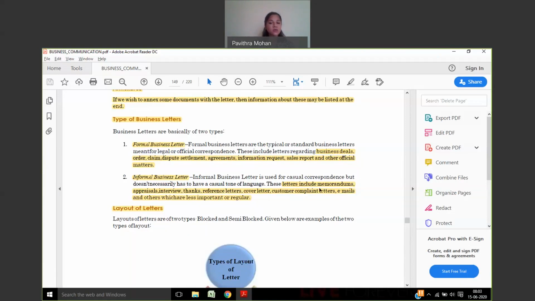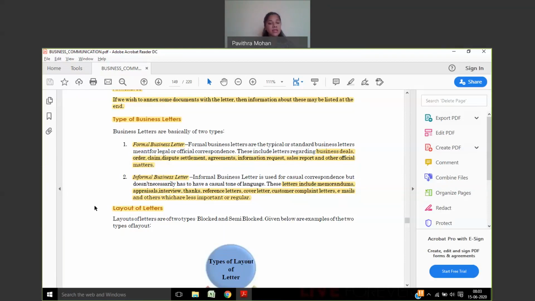These include memorandums which are circulated within the organization to send across certain information. Then we have appraisal letters, interview letters, thank you letters, reference letters, cover letters, customer complaint letters, emails, and others which are less important or less regular. They are not happening day to day; once in a while it happens.